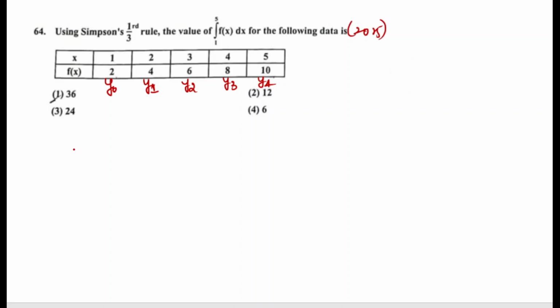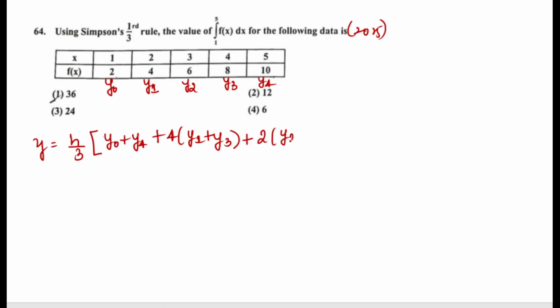Now, what is the Simpson's 1 by 3rd rule? I have written many times, h by 3. Here it will be y0 plus y4 plus 4 times of odd terms, that is y1 plus y3, plus 2 times of even terms, only we have y2.